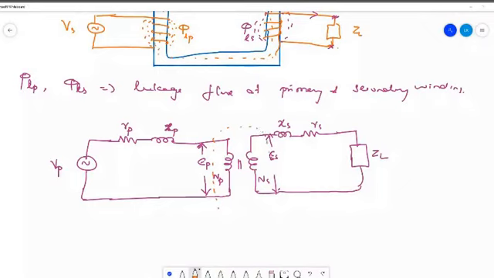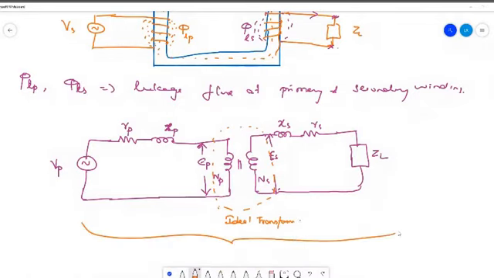And this portion of the circuit, which excludes all these resistances and inductances, we can call the ideal transformer. And everything put together, we can call the practical transformer. Now, one more thing is missing here.